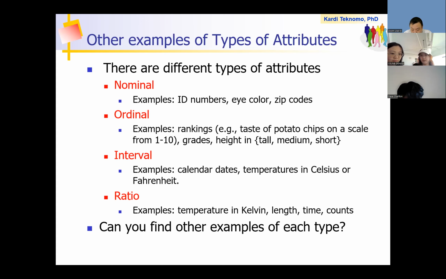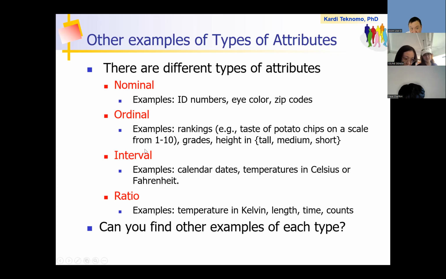Like money, that is already done. A lot of variables in physics, you just give an example of that. Unemployment rate. Okay, unemployment rate is ratio.